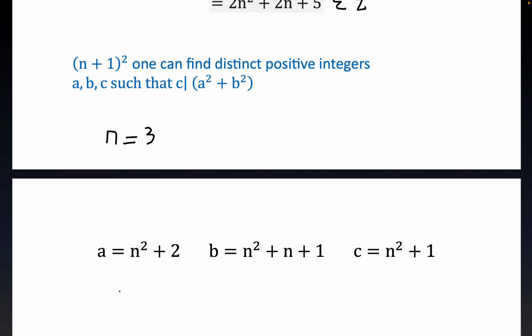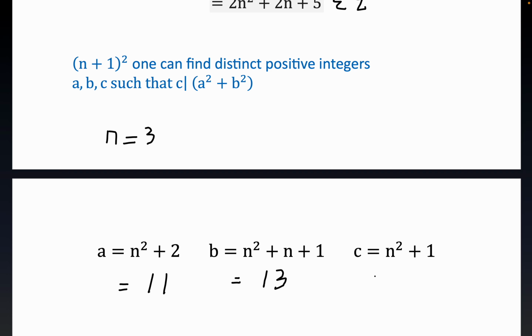So for n equals 3 right here, we would get 11. For n equals 3 right here, we would get 9 plus 3 plus 1, that is 13, right?